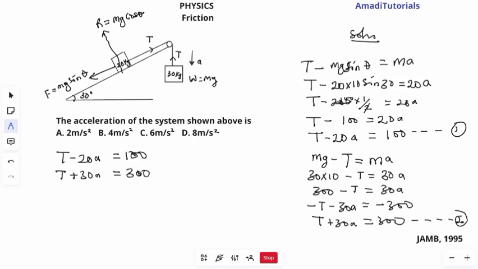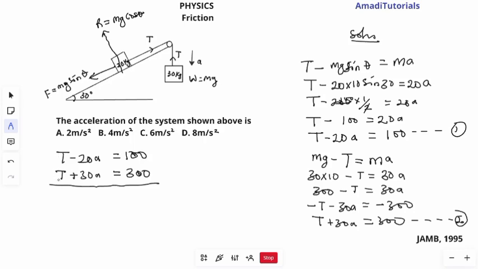So we're going to solve it using the elimination method. Now if you add equation 1 to equation 2, nothing will be eliminated. But if you want something to be eliminated, you subtract equation 1 from equation 2, or equation 2 from equation 1. Since the coefficient of T here is plus 1, and here is plus 1, if you subtract them, T will disappear.